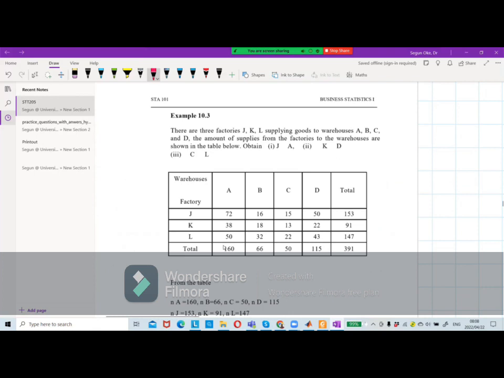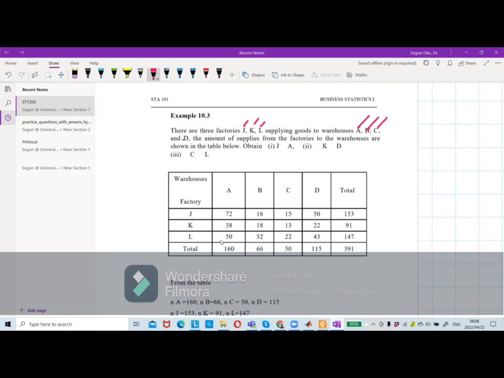Now, the example says there are 3 factories: factory J, factory K, and factory L, supplying goods to warehouse A, warehouse B, warehouse C, and D here. The amounts supplied from the factories to the warehouses are shown in the table below.